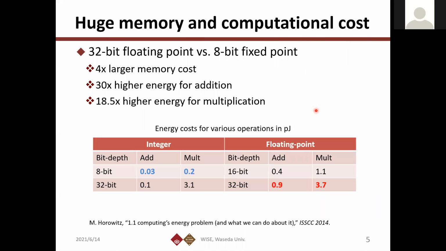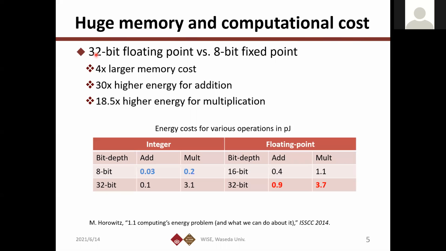The second problem with floating point arithmetic is a huge memory and computational cost. Compared with 8-bit fixed point, 32-bit floating point will consume 4 times larger memory.